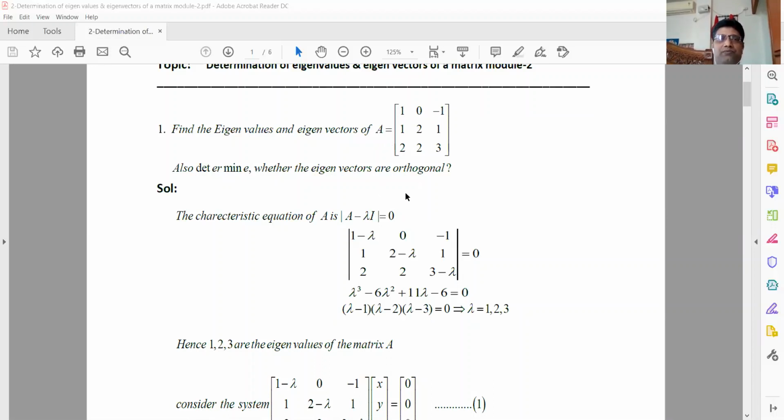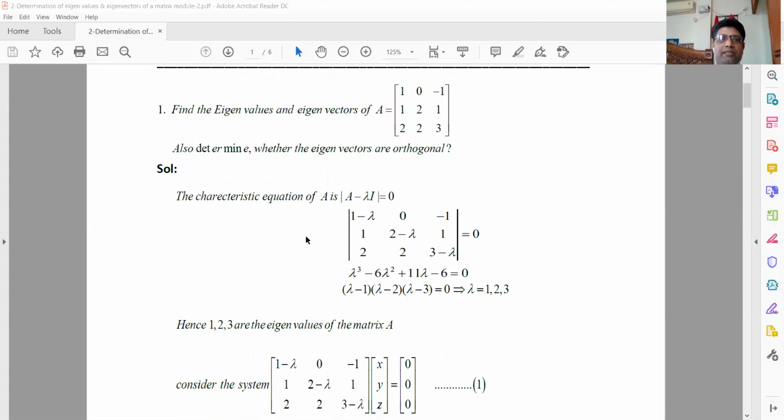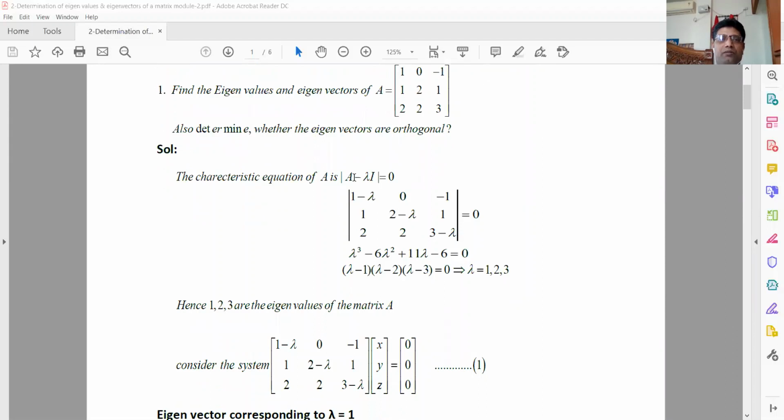So the procedure is, first we have to get the characteristic equation for the given matrix. To get the characteristic equation, the formula is det(A minus lambda I) equals 0. So A is this one, minus lambda I, where I is the unit matrix of order 3 by 3, that means 1 0 0, 0 1 0, 0 0 1.